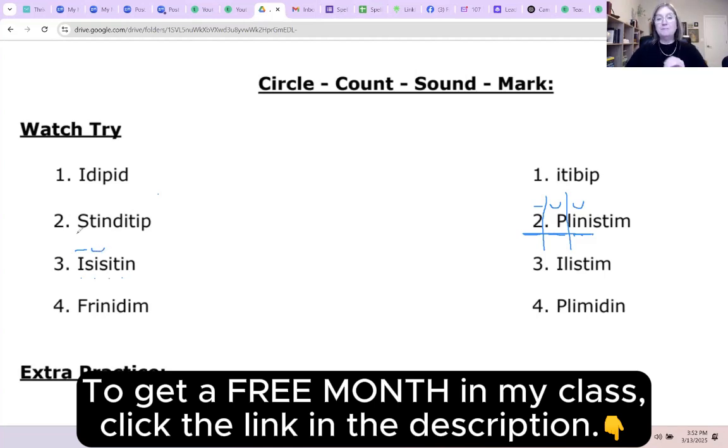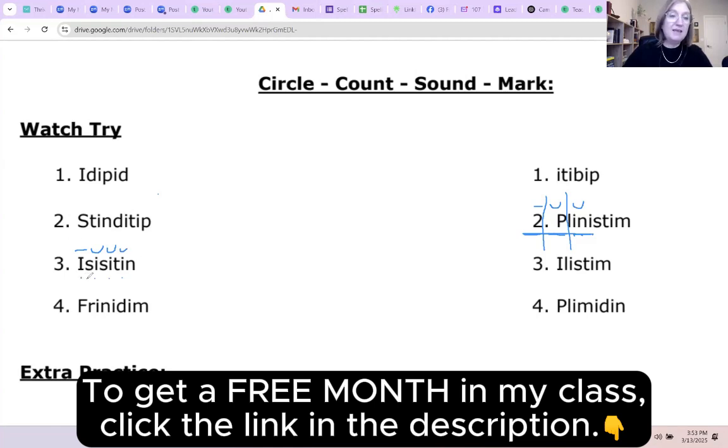It doesn't matter if it's the middle of a 3-syllable word, the middle of a 4 or a 5-syllable word, as long as it's somewhere in the middle with a syllable before it and a syllable after it, it follows this rule. So this I will say I because of this confident rule. Same with this I. It's still in the middle, so it still gets to say I. Okay? This I says I because of the tap 2 rule. There's not a vowel in the next 1 or 2 spots.